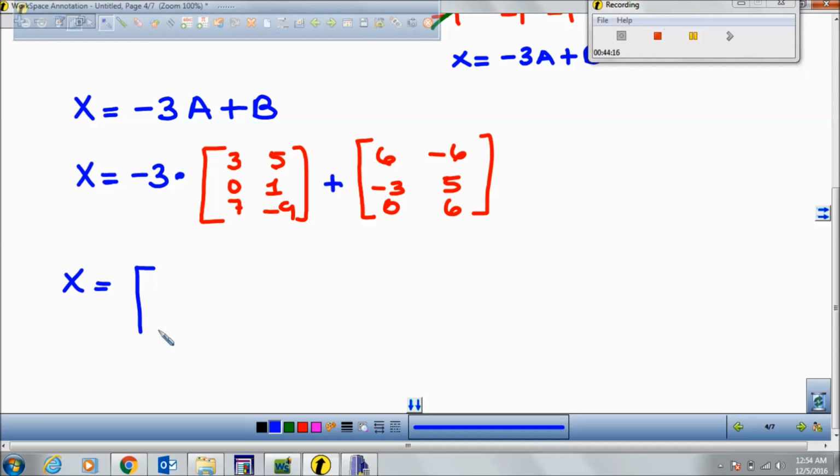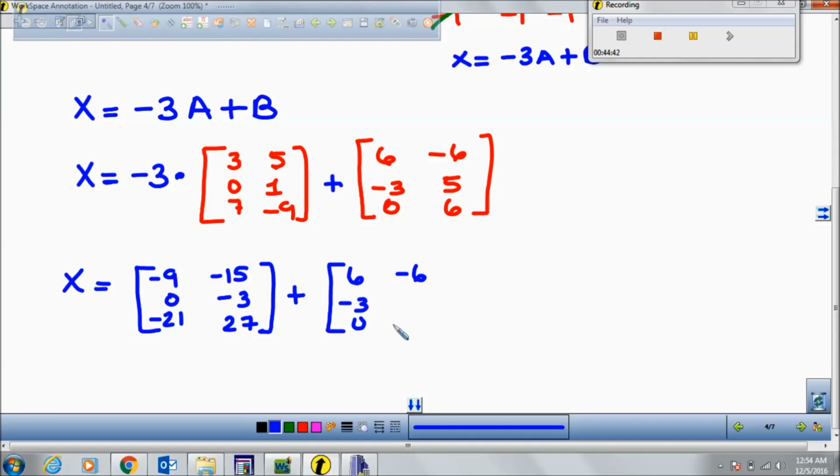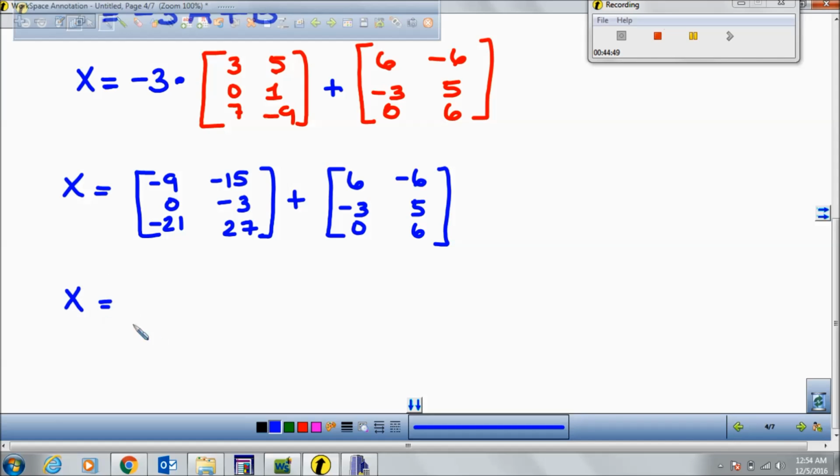So you're going to get negative 3 times 3, negative 9, negative 3 times 0 is 0, negative 3 times 7, negative 21, negative 3 times 5 it's negative 15, negative 3 times 1 it's negative 3, negative 3 times negative 9, positive 27, plus matrix B. So first you do the multiplication of 3 times every value in matrix A, then you add these two.